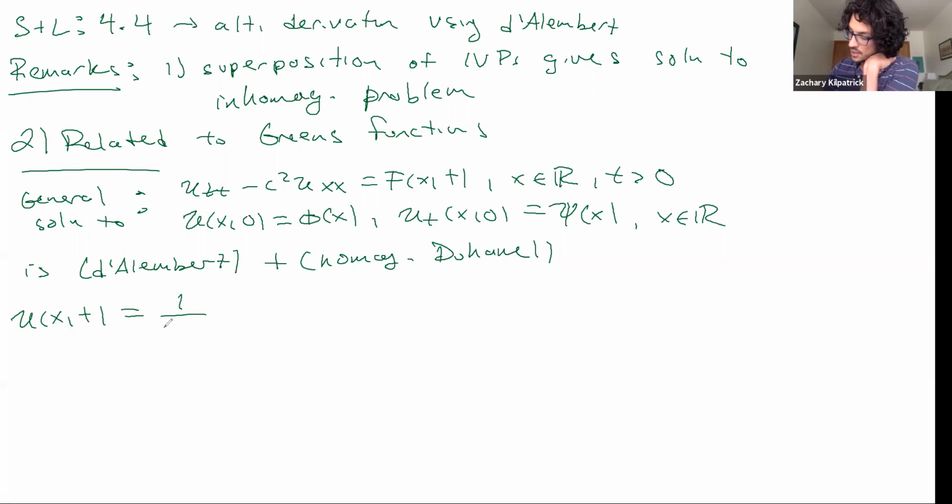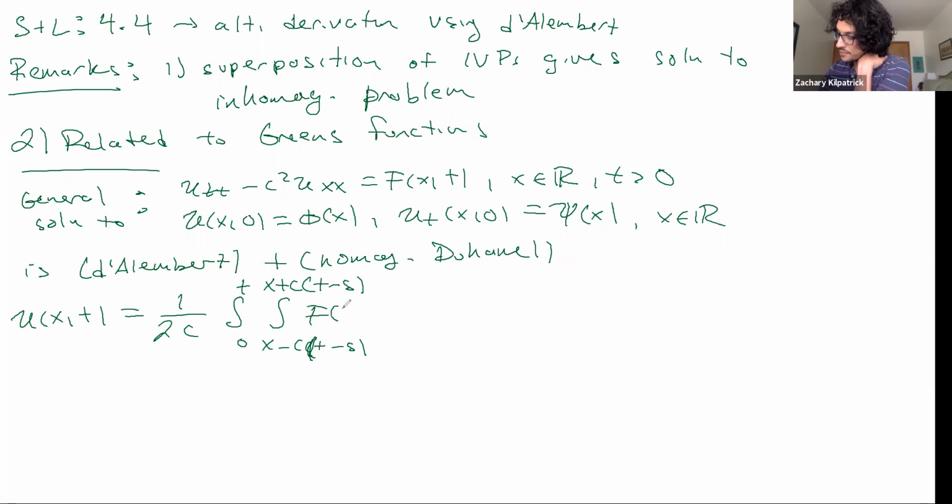It's going to be u is equal to, first of all, the contribution from the forcing. Yeah, that's a c, and then there's a parenthesis there, sorry. t minus s, x plus c times (t minus s), f(y, s) dy ds, plus now, remember our D'Alembert solution.